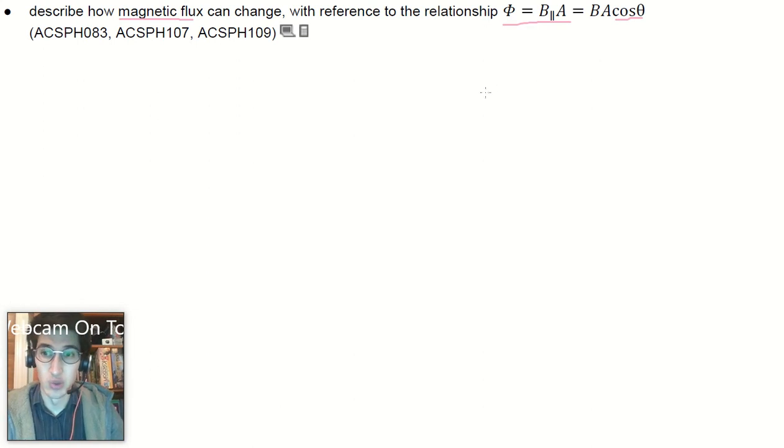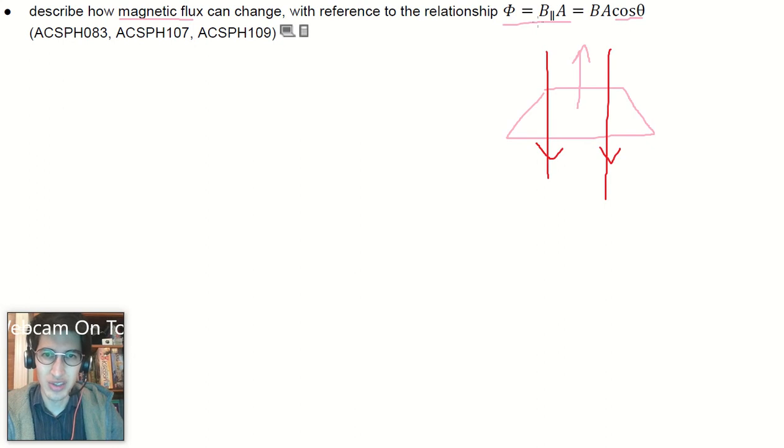I have to put in a few caveats here. The vector for an area, very, very strange, is actually a line that is perpendicular to the face of that area. So in this case, this pink arrow would be the vector for an area, and these lines would be the magnetic field.